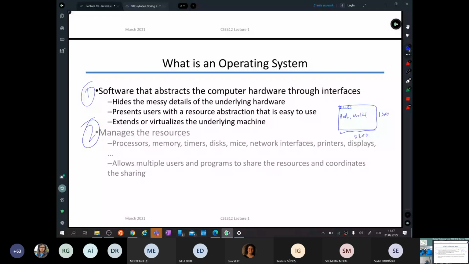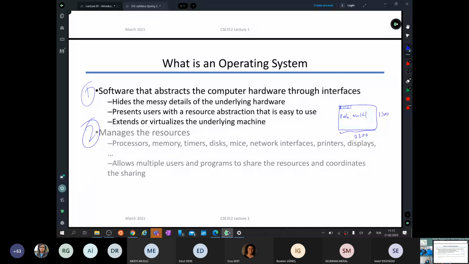But as a user, as a programmer, I don't care about any of them. All I do is print this on the screen, get me a packet from the network, put this on my hard drive in this file, close the file, and so on.